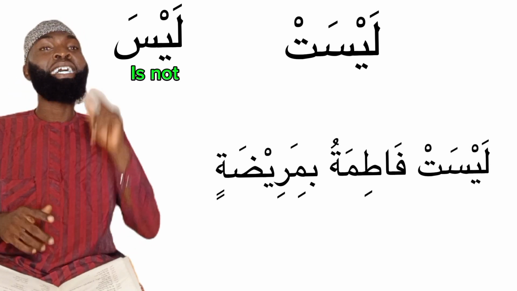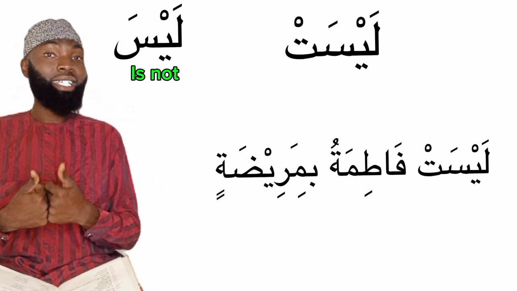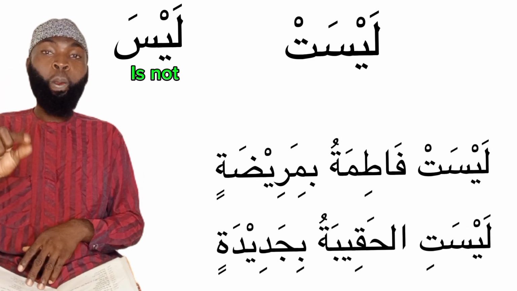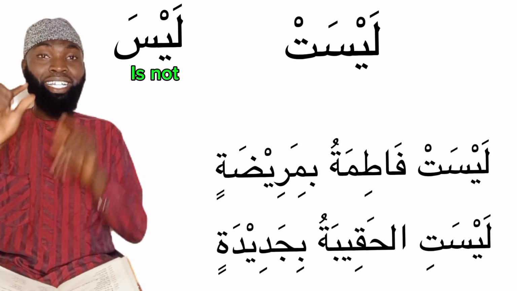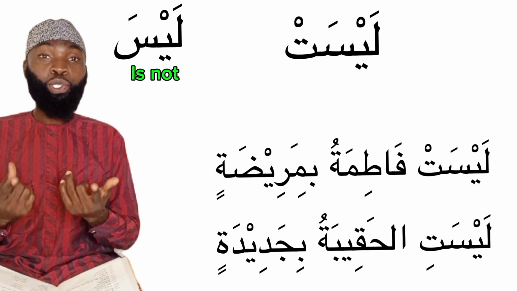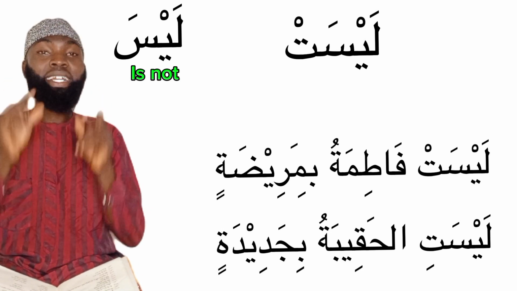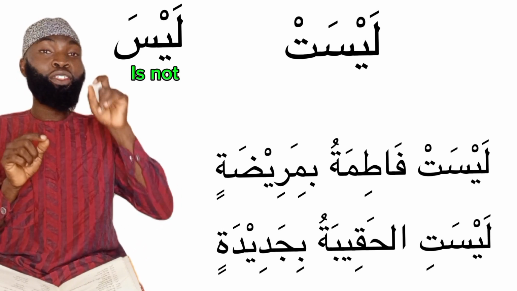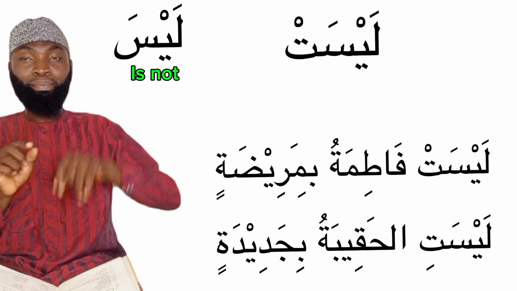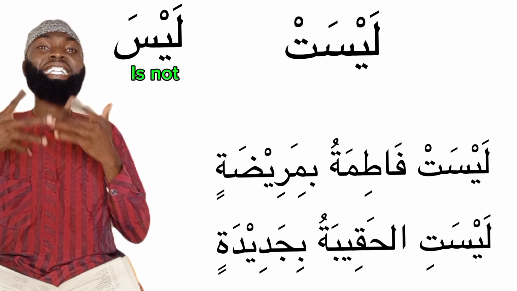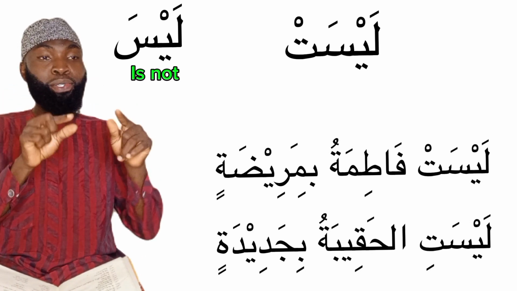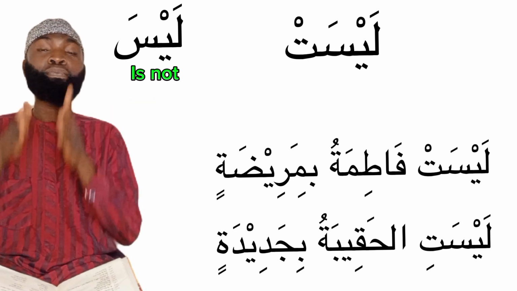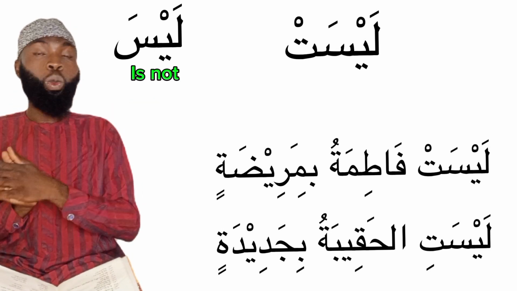Now when we come to this other sentence, we have laysatil haqibatu bijadidatin. Now al-haqibatu is also a feminine noun, but this is for an object. So laysatil haqibatu bijadidatin, the bag is not new. Now al-haqibatu, laysat, we said, carries sukun because we are referring to a feminine noun.